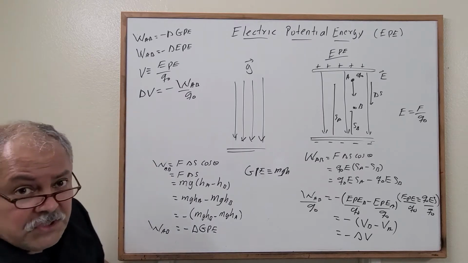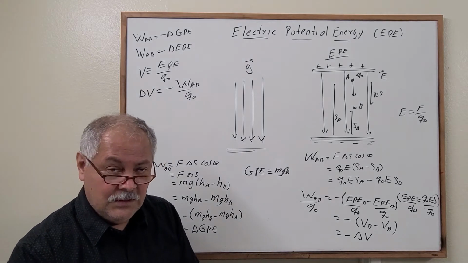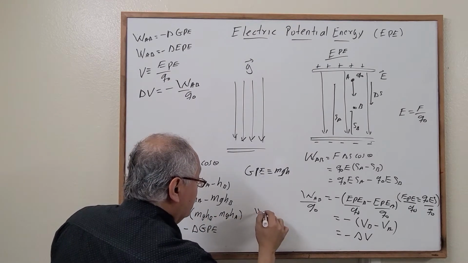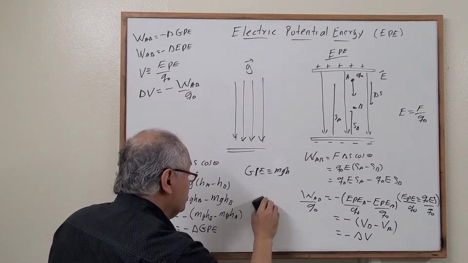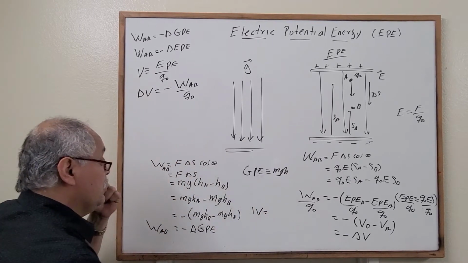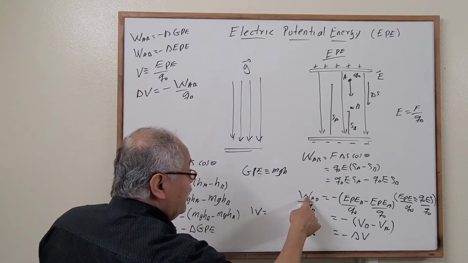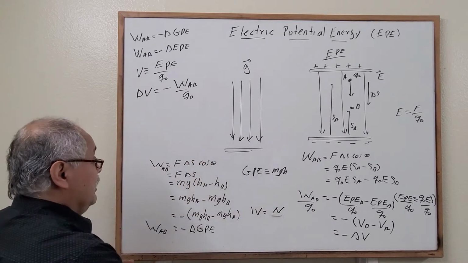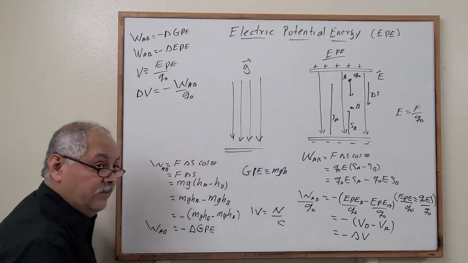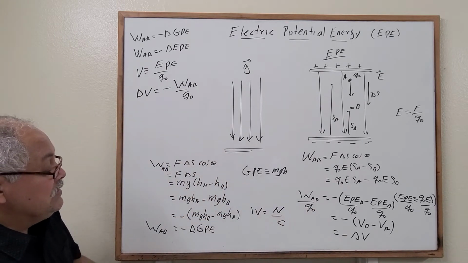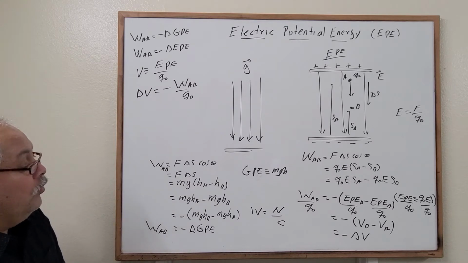Remember, the unit for voltage is the volt. So 1 volt is equal to a new quantity. What is the unit for work? Newton divided by Coulomb, the unit of charge.